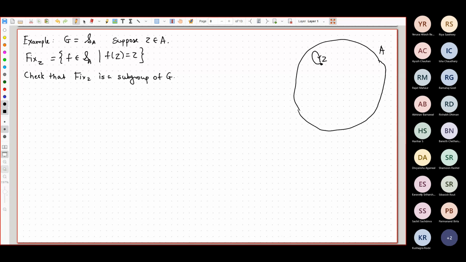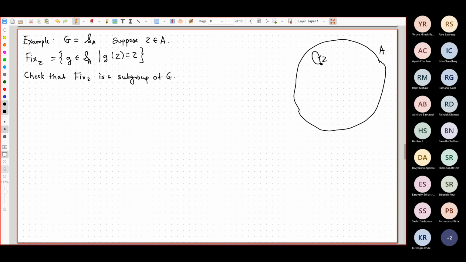Let me make a slight change, calling this G to indicate that it's a member of this group. So Fix Z is a subgroup of G. Why? Because the identity permutation maps Z to Z. If two permutations map Z to Z, then their composition also maps Z to Z. And similarly, if a permutation maps Z to Z, then its inverse also maps Z to Z, obviously.